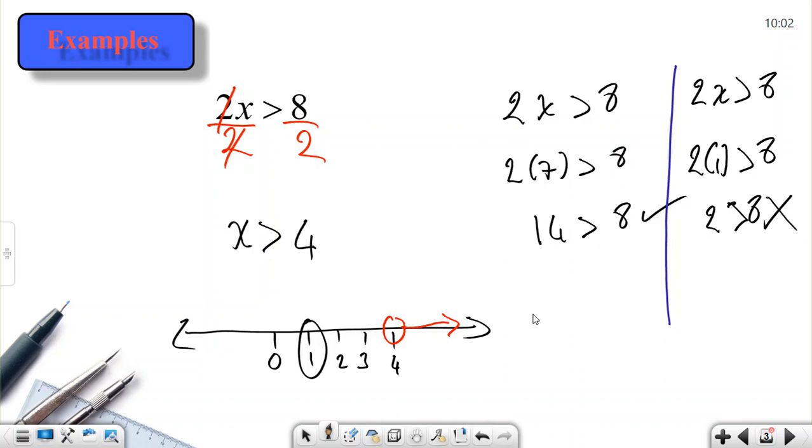Is it true? Wrong. So 1 is not in the solution set. It's not a solution.